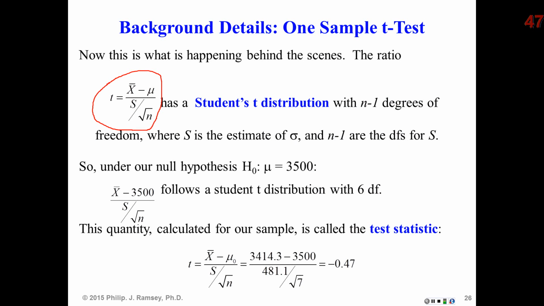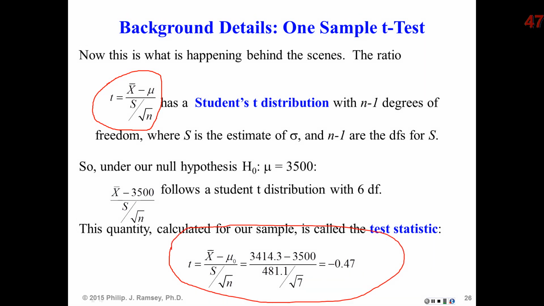Notice it's the sample average minus the theoretical mean divided by the standard error. So if my theoretical mean is 3,500, then that would be x bar minus 3,500. X bar is the sample average. 3,500 is what I've hypothesized. And at the bottom of the slide is the calculation.